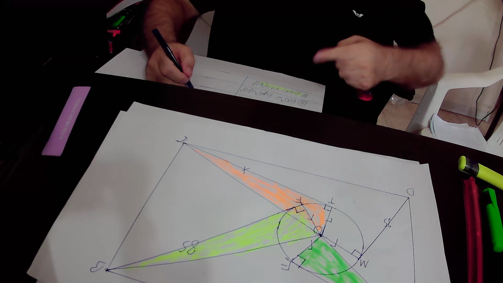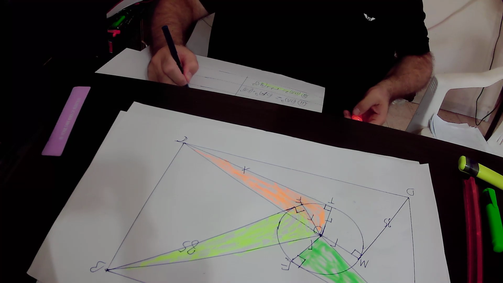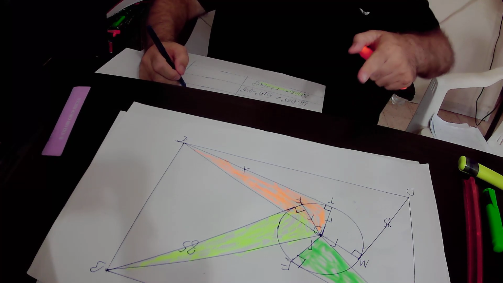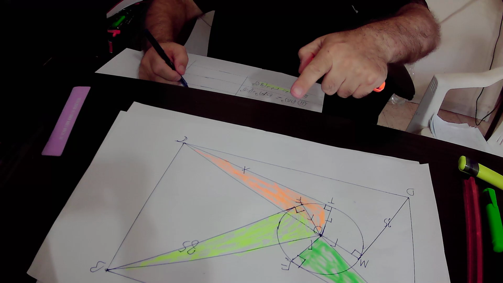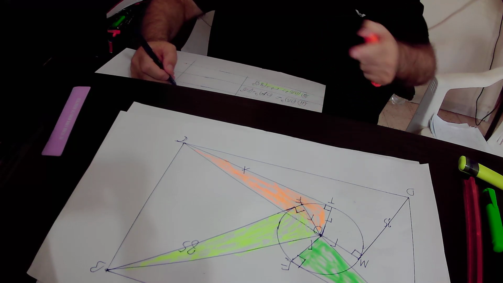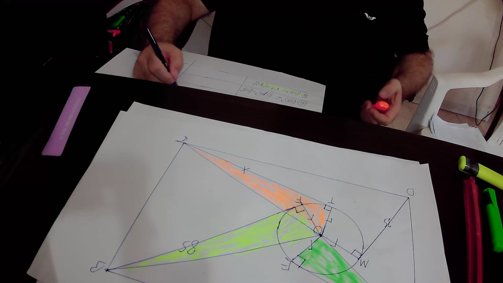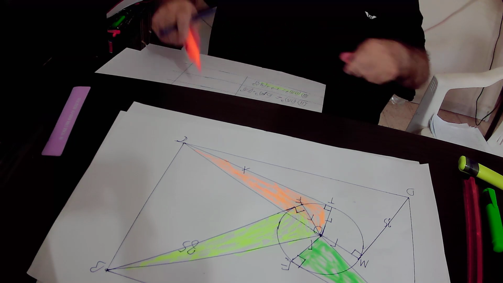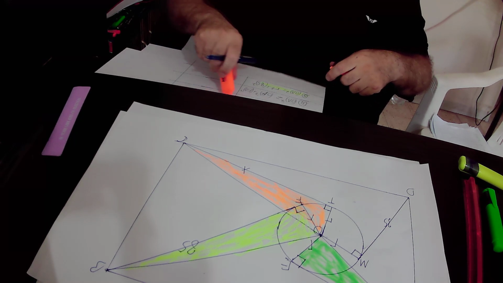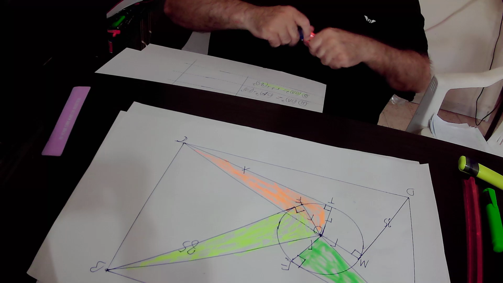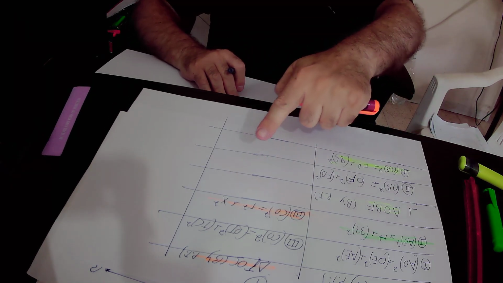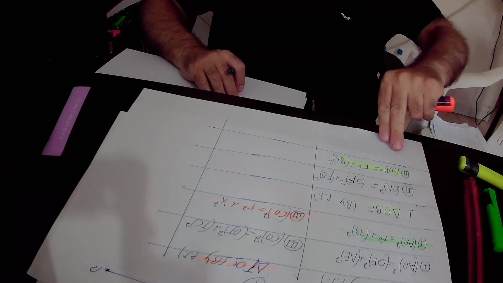OT is R, therefore OT square is R square, plus TC square. TC equals X, that is the line segment that we are looking for, therefore TC square is X square. So in conclusion, according to equation number 3, CO square equals R square plus X square.